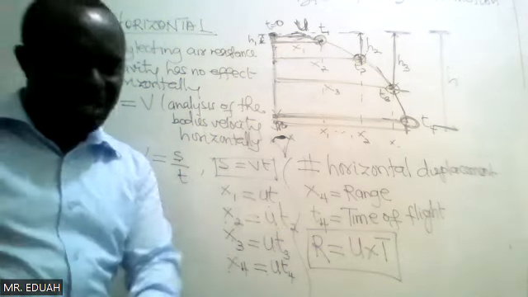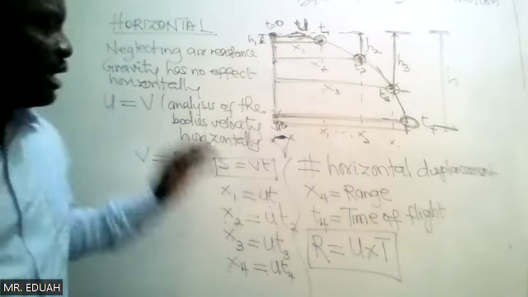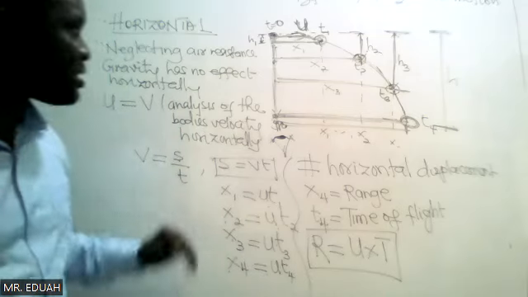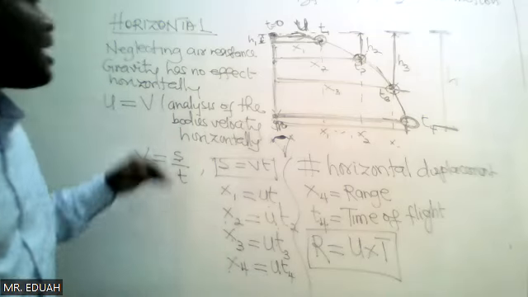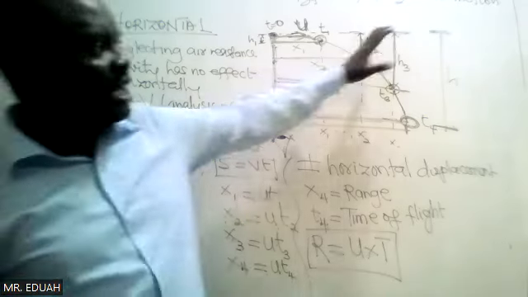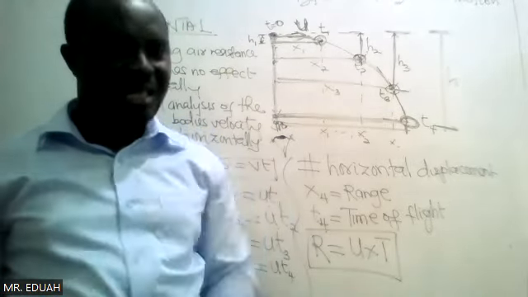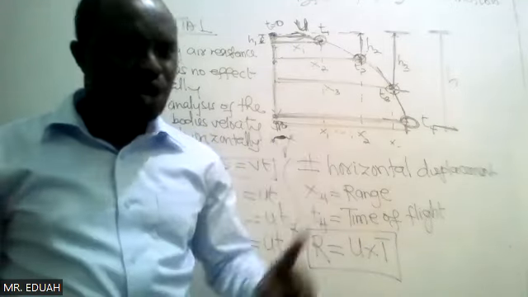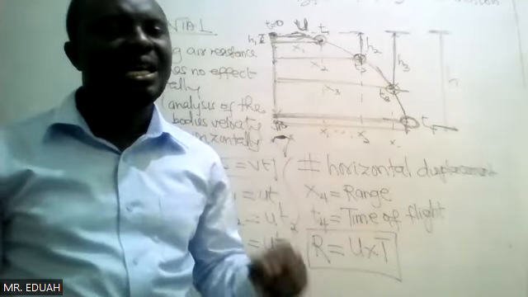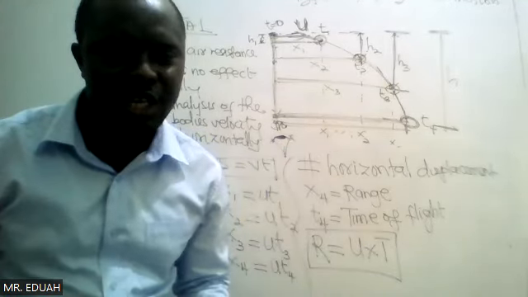Yes, you are right, but put it this way: U is equal to V because, one, in projectile motion, air resistance is neglected, and two, horizontally, gravity has no effect on the body.